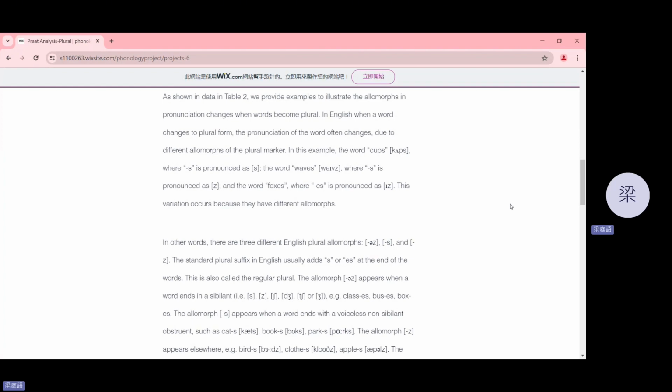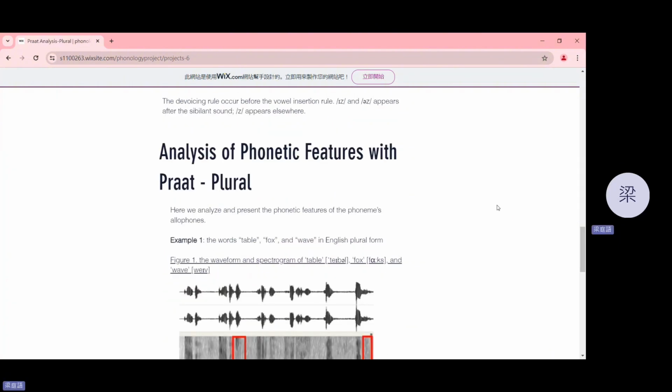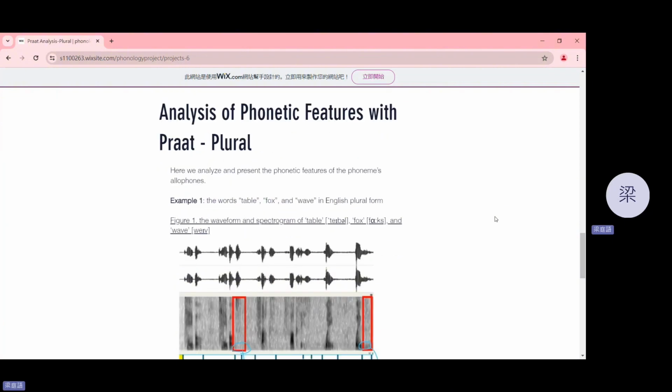This variation occurs because they have different allomorphs. The devoicing rule occurs before the vowel insertion rule, [ɪz] appears after a sibilant sound, [s] appears after voiceless sounds, and [z] appears elsewhere.